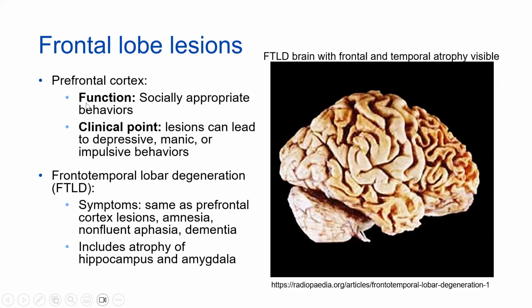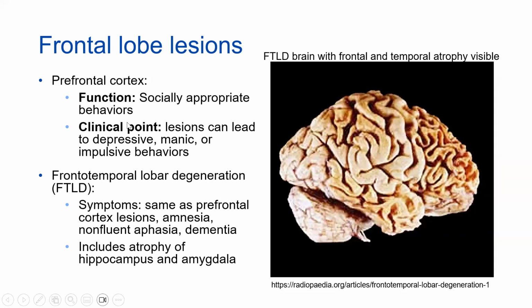So in the case of the prefrontal cortex, its main function is for socially appropriate behaviors. So for example, if you ride your bus to school, you know that a socially inappropriate behavior would probably be to like eat mayonnaise from a jar on your bus, right? So your prefrontal cortex keeps you from doing that, even if you love mayonnaise that much.